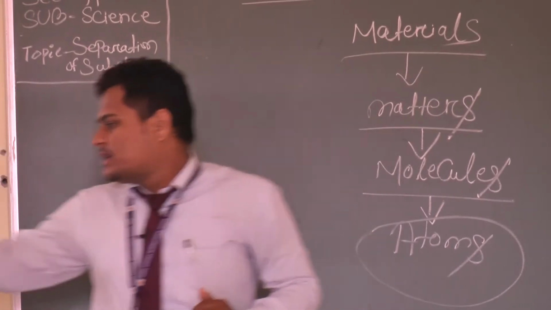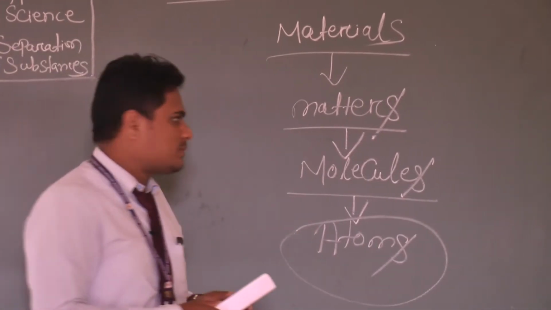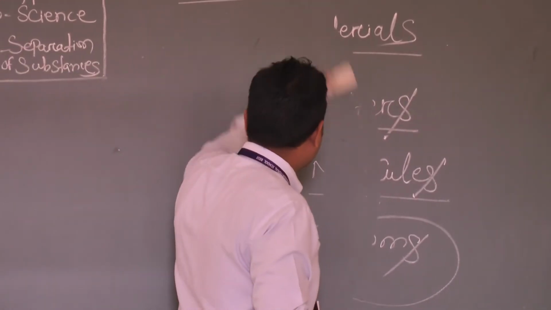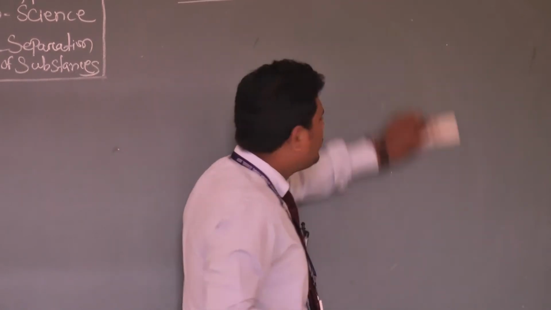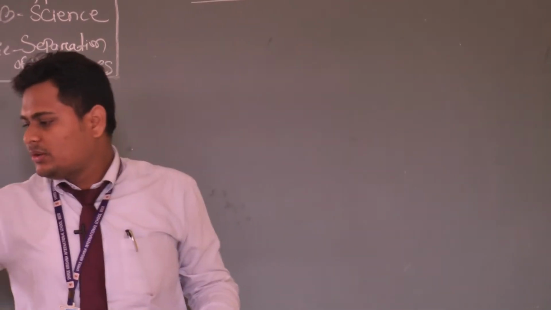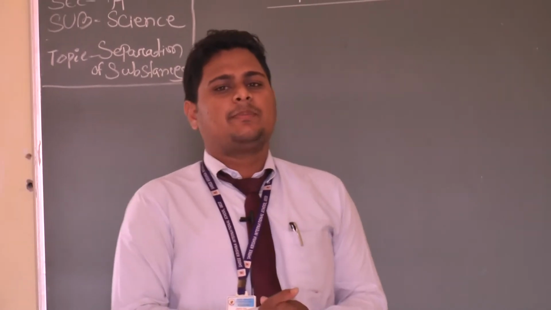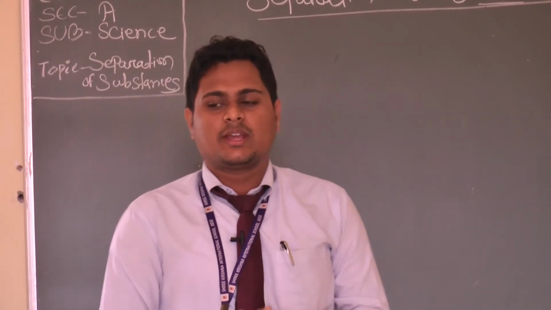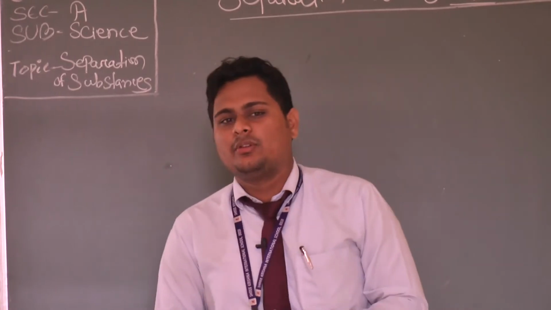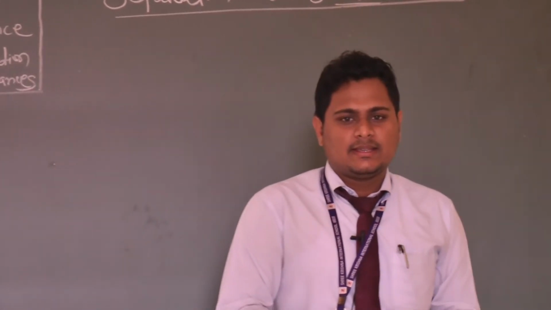Then the question came, sir, if we have a lot of substances in our surroundings, then why do we require separation? Why do we separate them? If we do not separate them, will it be easy to use them? Let me give you one example. You are eating rice, yes or no?